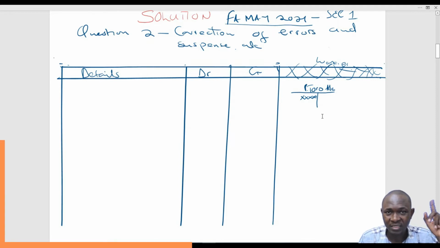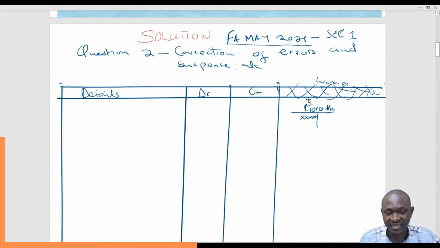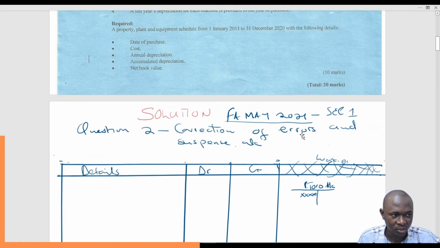A customer who buys on credit becomes a debtor. So P. Toro is a debtor, and a debtor is a debit account. A debtor is basically an asset, a current asset. So it is a debit. It's found on the debit side of the ledger.